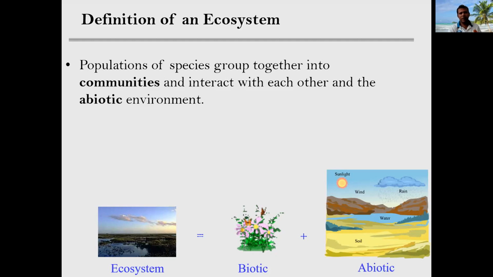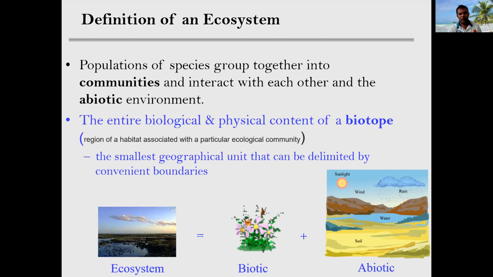So we're talking about populations, but beyond that, communities. It's not just communities, but interacting communities, everybody together interacting with the environment. So simply, that is the ecosystem.